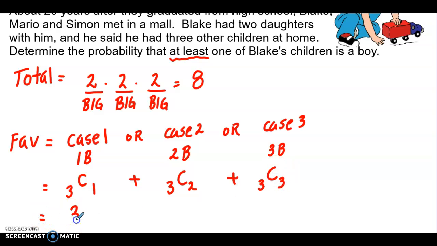There are 3 possible ways that one of those children is a boy. So the first child could be a boy, the second child could be a boy, or the third child could be a boy. 3. Similarly, for case 2, for 2 boys at home, there's 3, and there is 1 way if all 3 of the children are boys. So in total, there are 7 favorable outcomes.